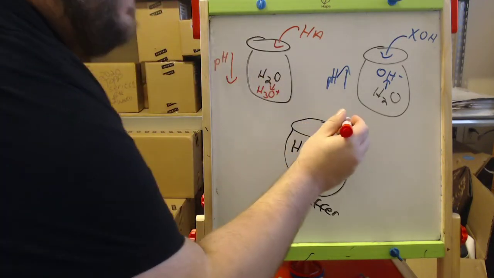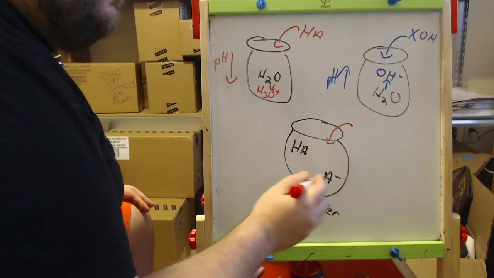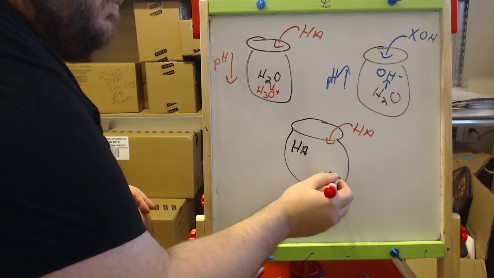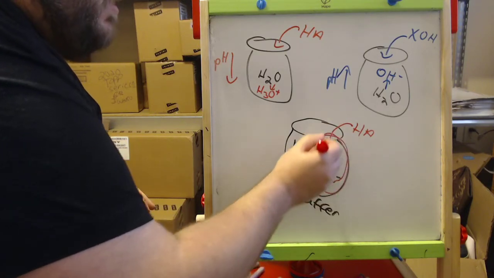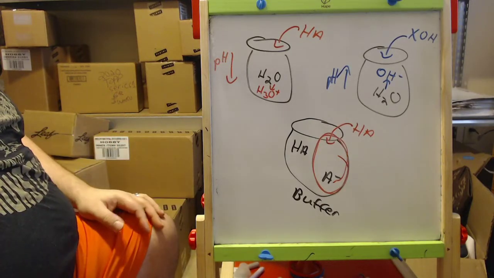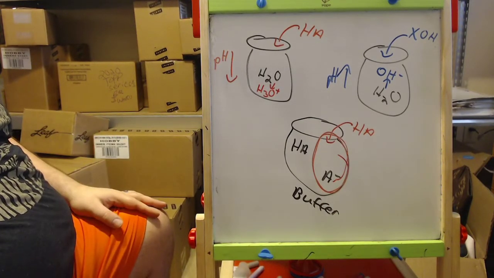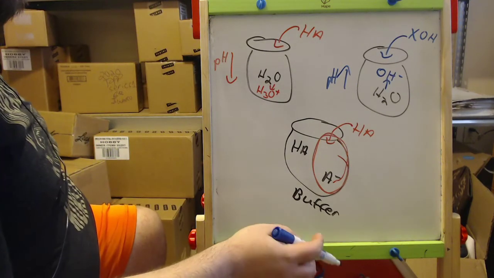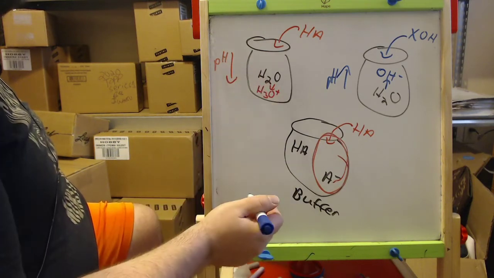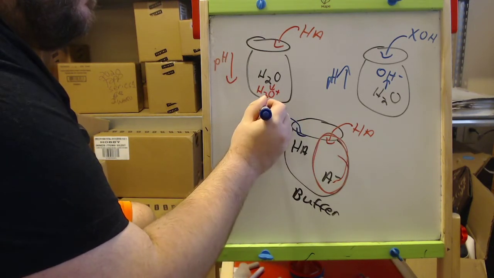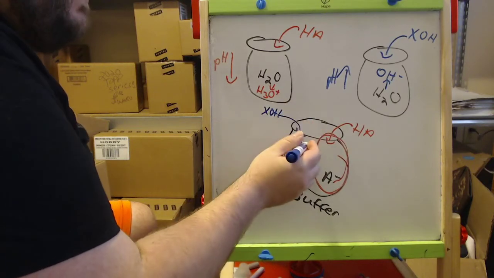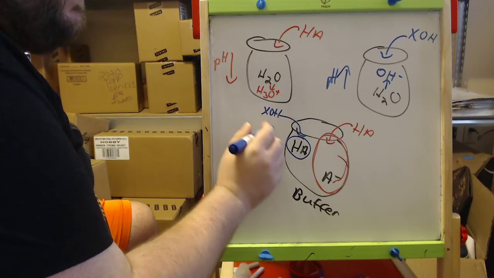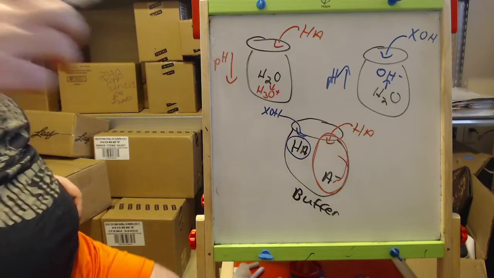If I add acid, instead of creating the hydronium like I've done up here, the A- comes by and bonds up that acid and essentially keeps it whole. It doesn't allow it to dissociate and bond to the water to make hydronium. Same thing if I add a base. Instead of the base making hydroxide, the acid essentially reacts with the base and makes water and some salt.